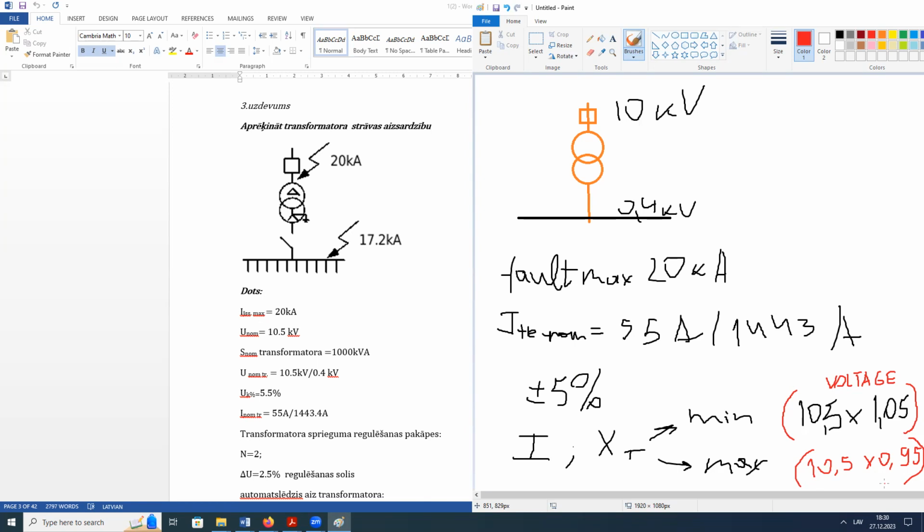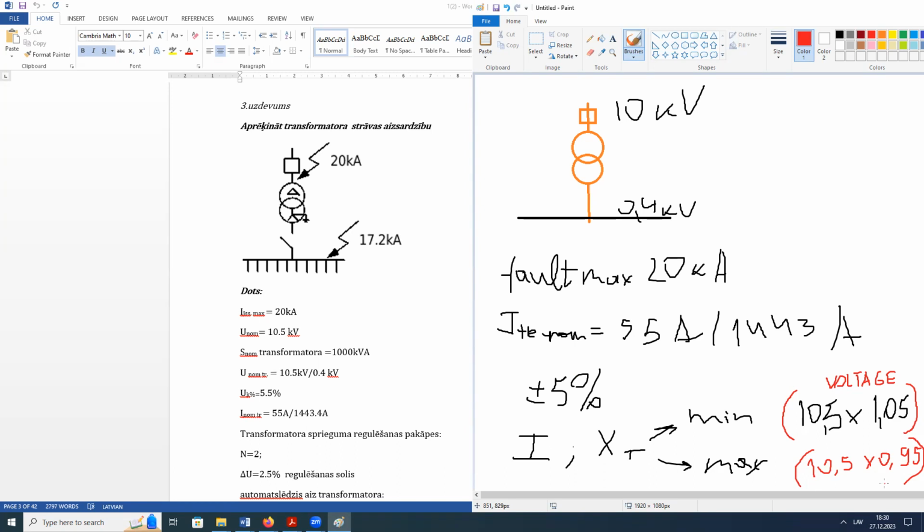This is a very simple task, but very important, because here we see the logic of the protection set points.